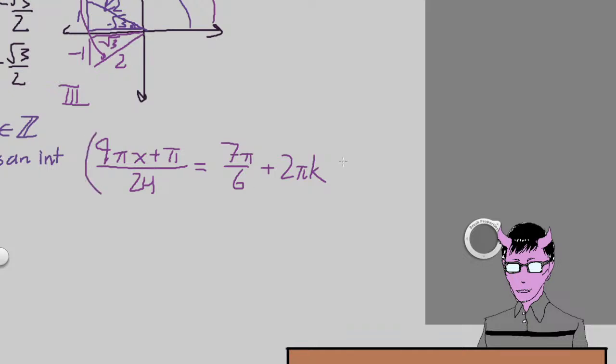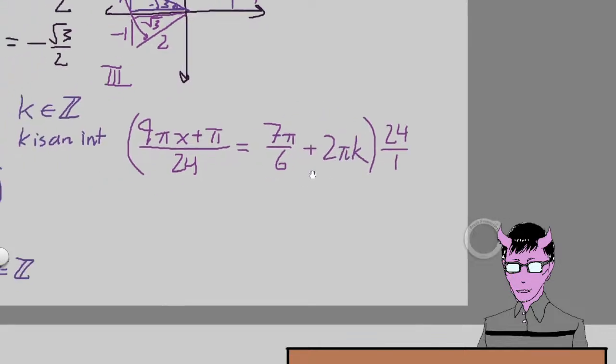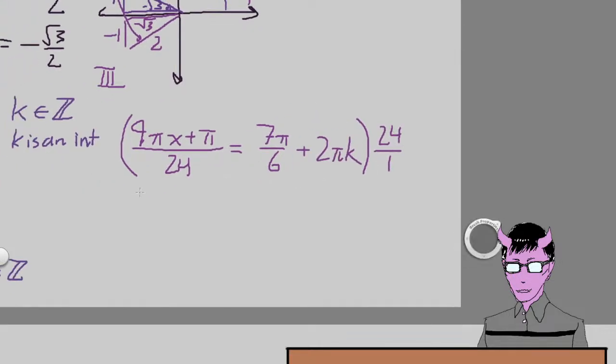And same strategy, we're going to multiply both sides by 24 to clear the fraction from the left hand side, to slowly isolate the x, and then a partial cancellation. And that's going to be the same old 48 pi k.